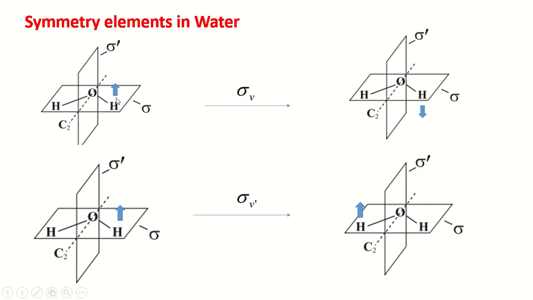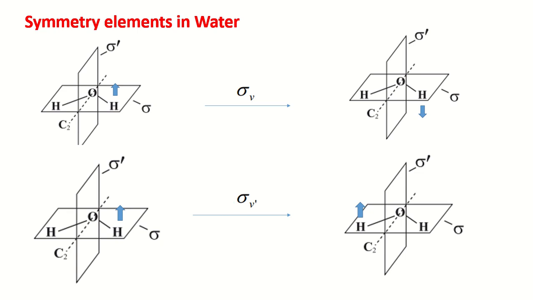We need to examine that hydrogen only, because we are considering this hydrogen with the upward arrow as a reference, and we will apply different symmetry operations and elements, and then examine the product with reference to this identity, or this starting structure of the molecule. This is the starting point, the starting structure and shape of this molecule.